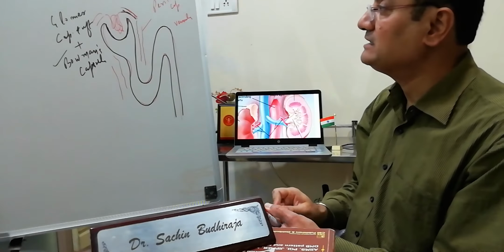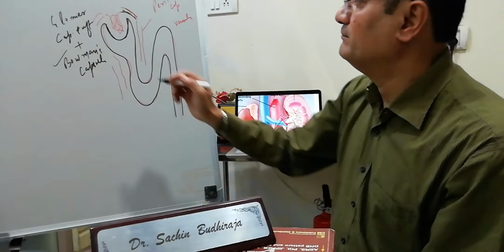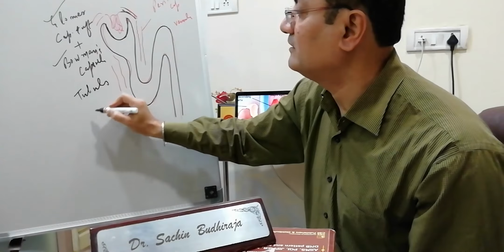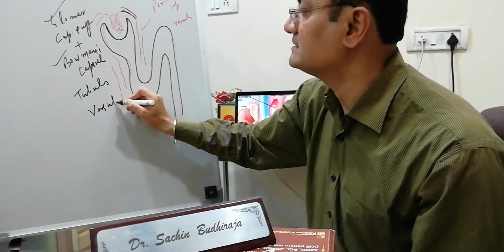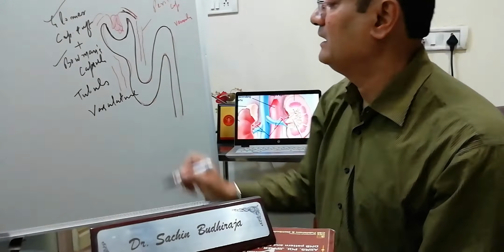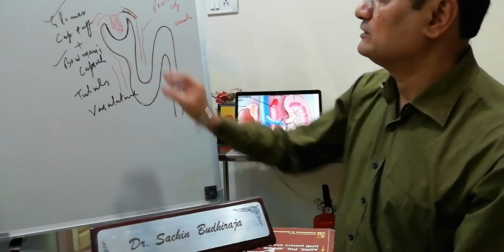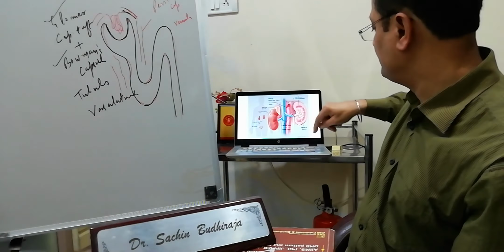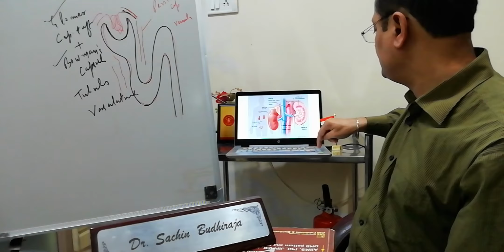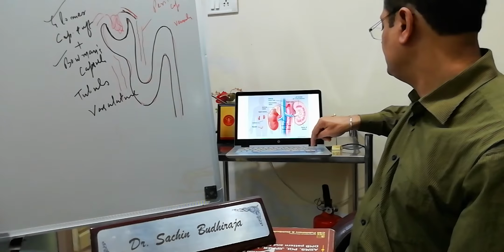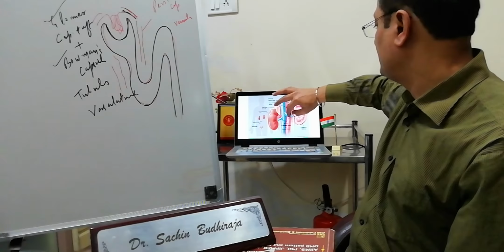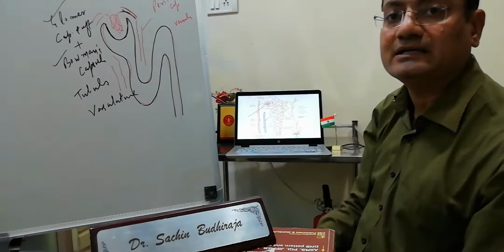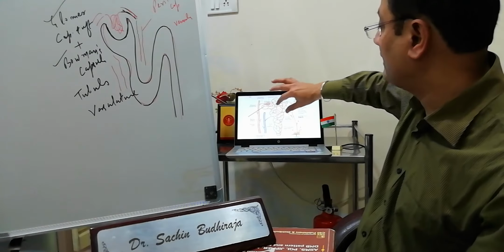So besides glomerulus, besides tubules, we have the vasculature inside the kidney. And then lastly, this glomerulus, these tubules, this vasculature, has been put into a ground tissue, and that ground tissue is called the renal interstitium, the white background of this slide.